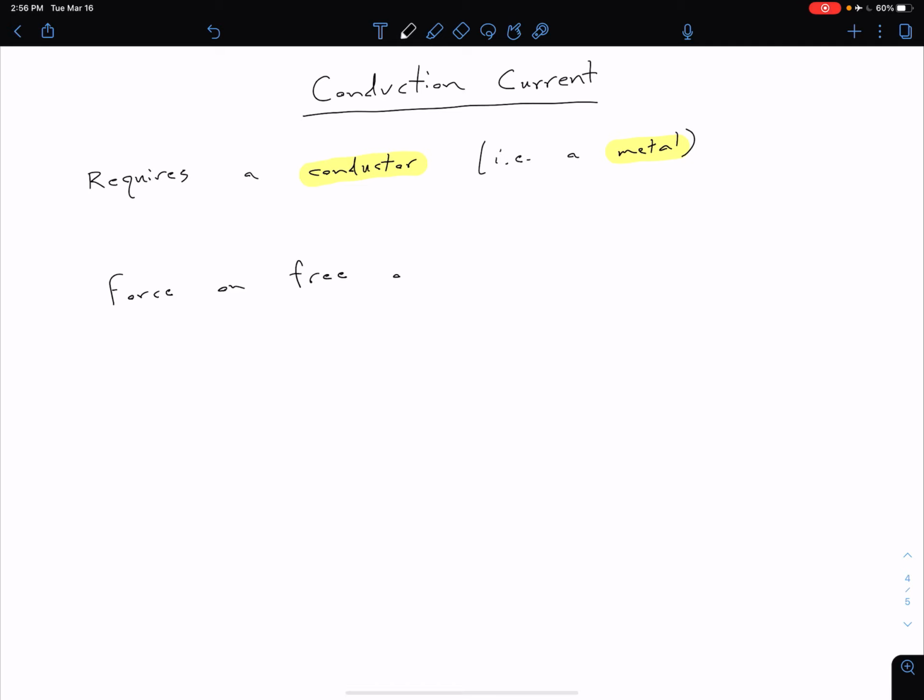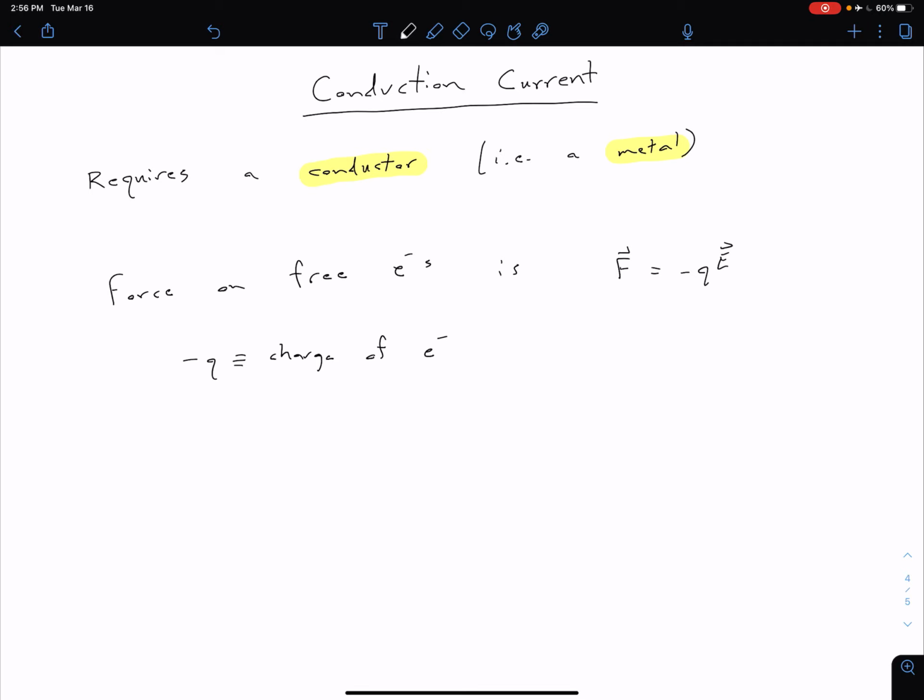The force on our free electrons, and I'm just going to write E minus for electrons, is given by F equals negative Q times the electric field. Whatever electric field it's in, we multiply by the charge of an electron, and that's going to be the force. Notationally, this negative Q is just the charge of an electron, 1.6 times 10 to the minus 19 coulombs.